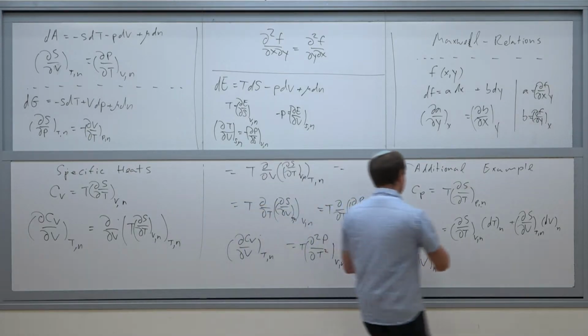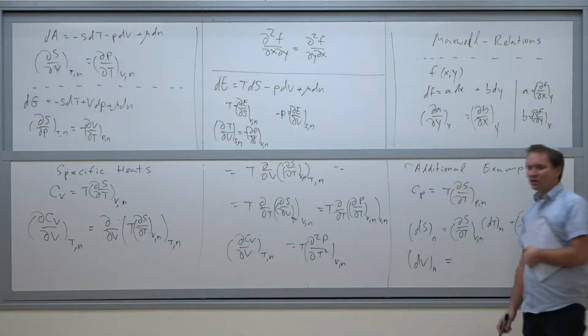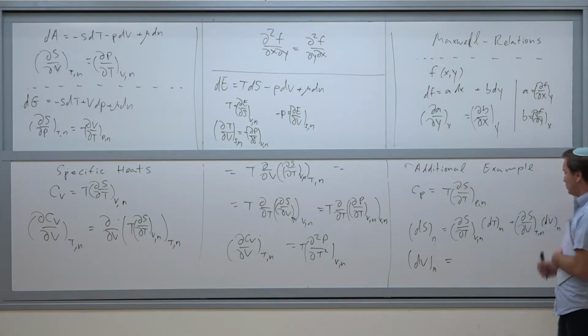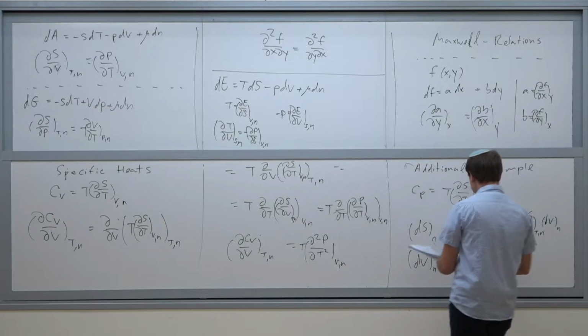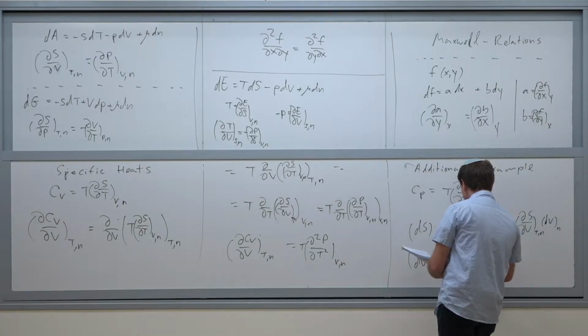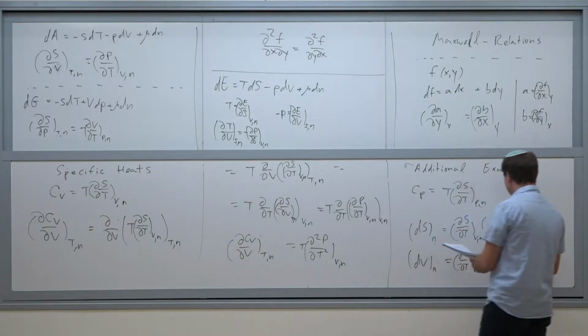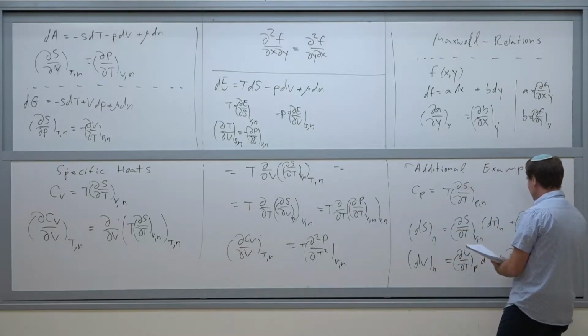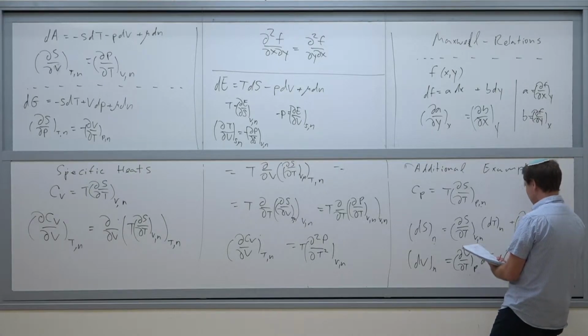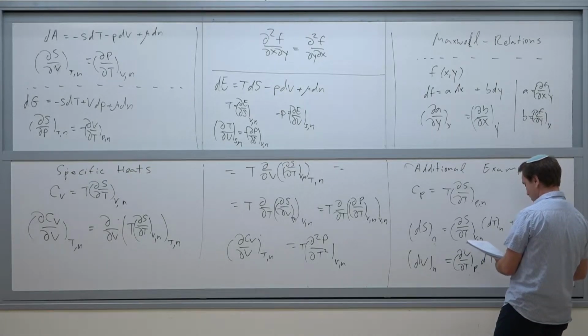So the differential of the volume with respect to pressure and temperature is simply dV/dT, keeping P constant, dT, plus dV/dP, keeping T constant, dP.